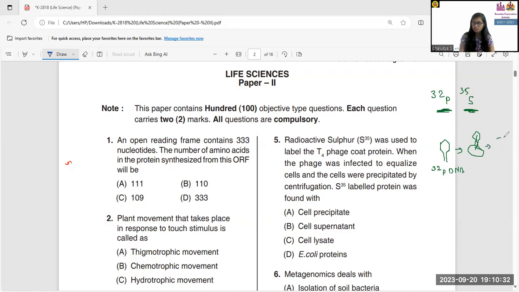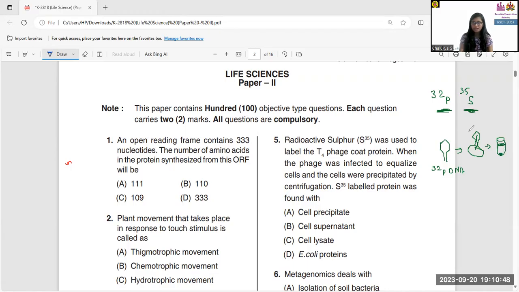After centrifugation, once it is done, the pellet will be settled and the supernatant will be present on top.